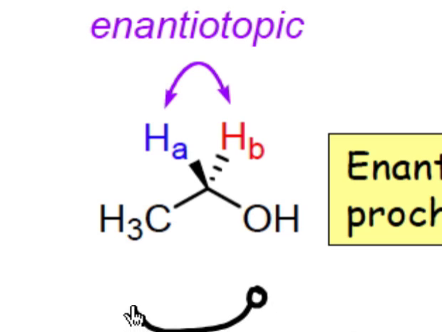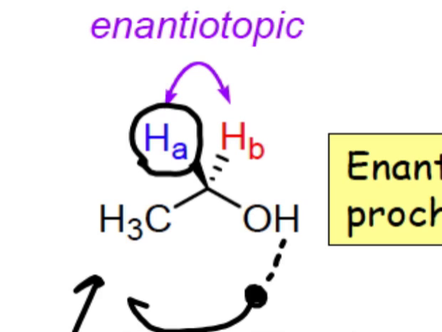So if you consider an enzyme with, say, a hydrogen bond acceptor here where I've drawn this black dot, the ideal orientation for the enzyme, if it's approaching the substrate from the front, as I've drawn here, is to have that hydrogen bond acceptor on the right. That way, the OH group can hydrogen bond efficiently with that group. This leaves only the front hydrogen available to the enzyme for reaction, or more specifically in this case, removal, leaving HB behind on the product.